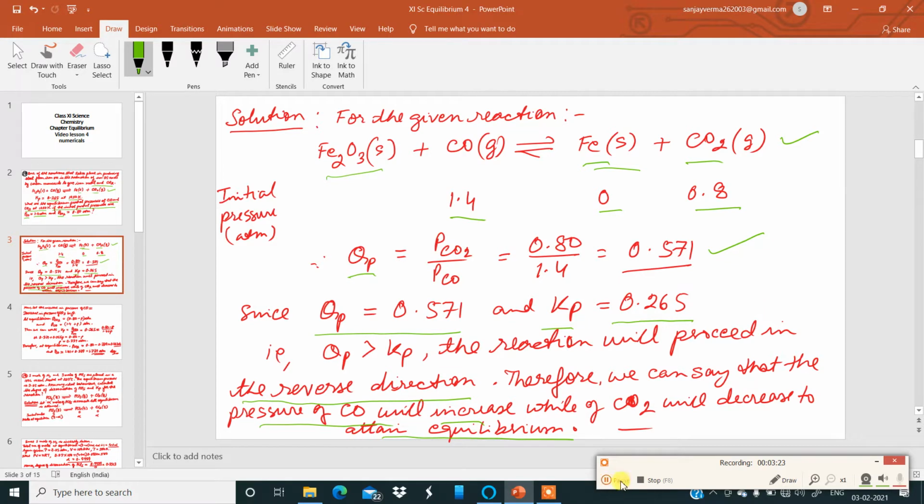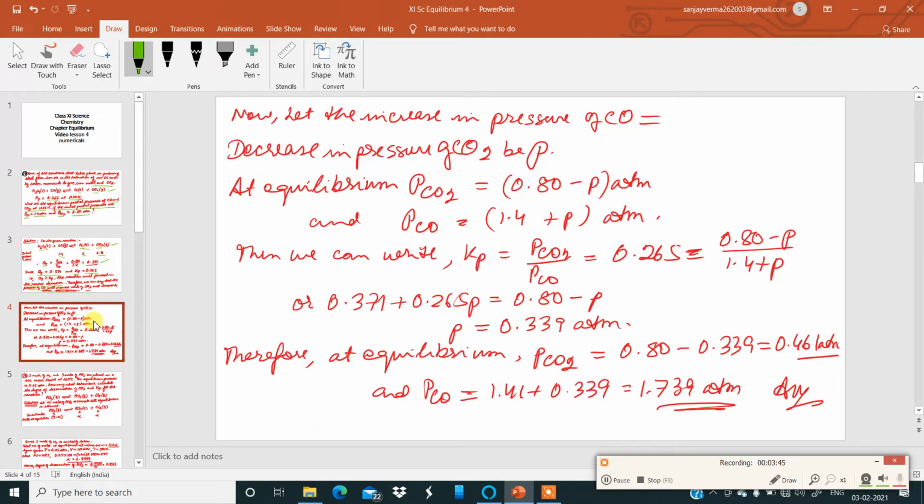Okay. So here the first part of the answer is done, more or less. We calculated the reaction quotient. So reaction quotient is greater than the equilibrium constant at partial pressure. Okay. So here the reaction will proceed in the reverse direction. Let us go to the next slide.